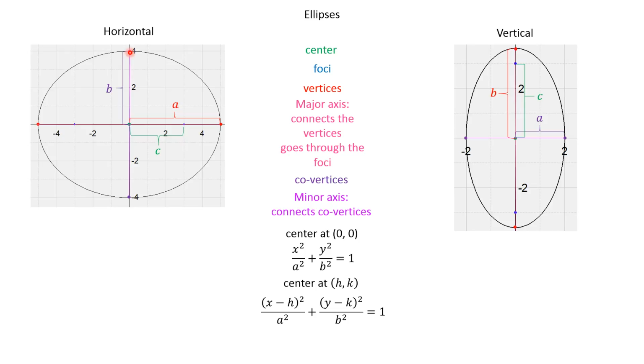If we take that point to be the one right up here, we can make two triangles, where the distance from the focus to the covertex back to the focus is 2a. Being that it's directly in the center, this distance is a, which means we can set up the Pythagorean theorem, b squared plus c squared equals a squared, which we can solve for c squared: a squared minus b squared equals c squared.